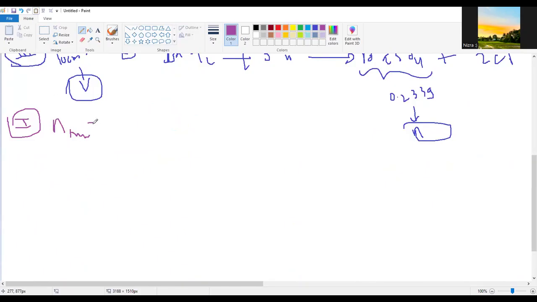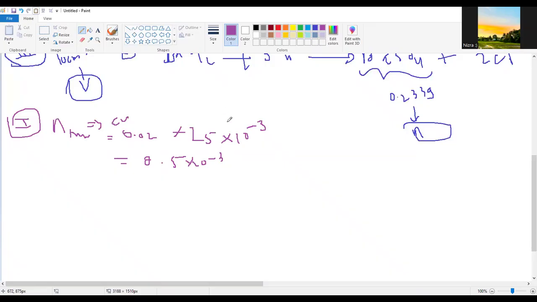So moles of MnO4 minus is concentration times volume. Concentration is 0.02 mole per decimeter cube. You have to put the unit, okay? I'm not putting it, but everything you have to put the unit. Now 25 into 10 power minus 3 decimeter cube. Then it would be 0.5 into 10 power minus 3 moles, okay?